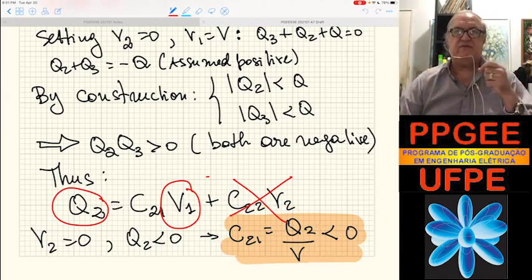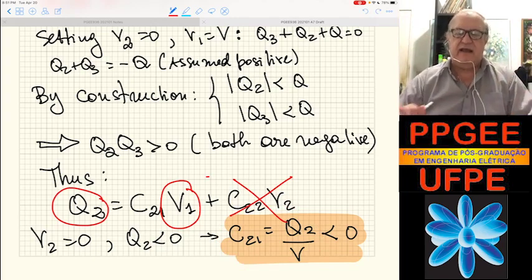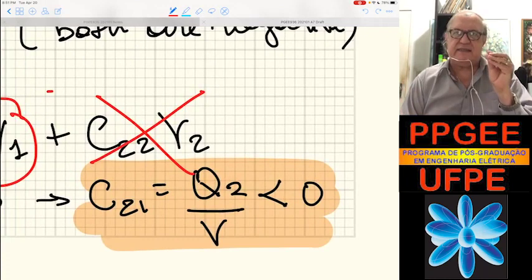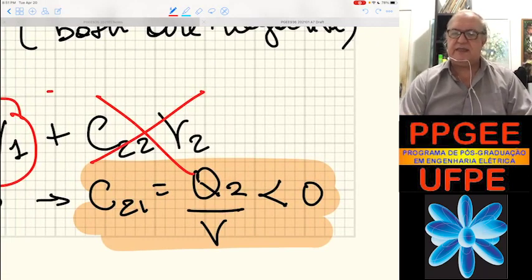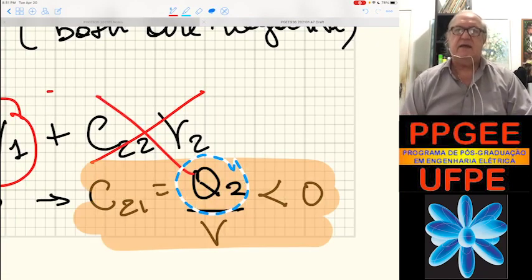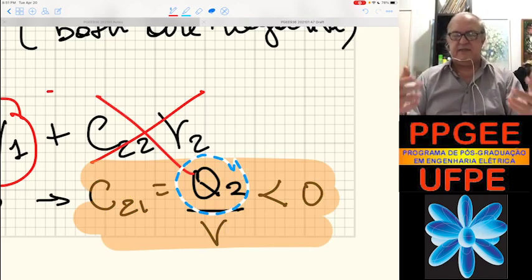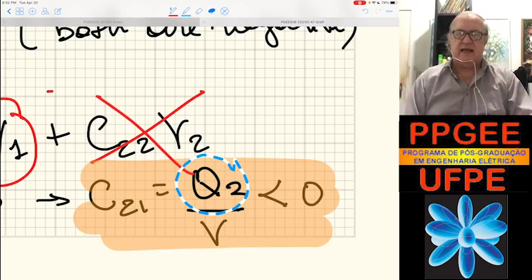I mean, the coupling coefficient for different electrodes means the amount of flux that comes from electrode 1 to electrode 2 for a given energization. That's the amount of charge with sign. You can eliminate the sign, but just notice that this is the charge that's induced in the second electrode.